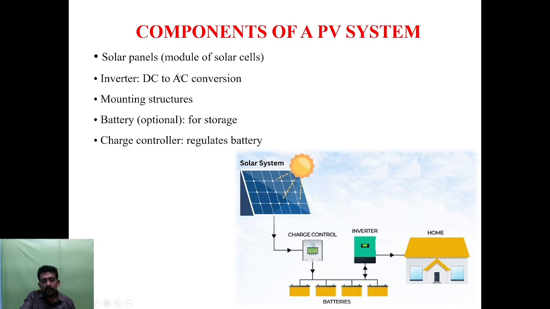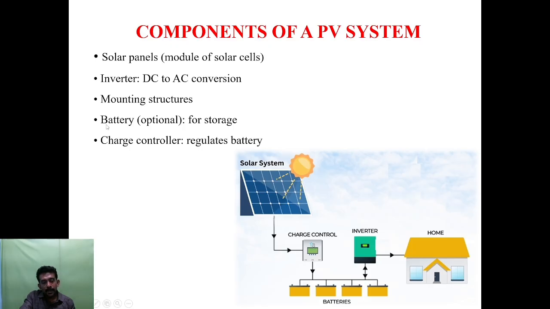So we can't connect the DC directly to the load. The inverter is a prime element to convert DC to AC. And mounting structures are basically GI pipes which are used to mount the solar panels or modules.